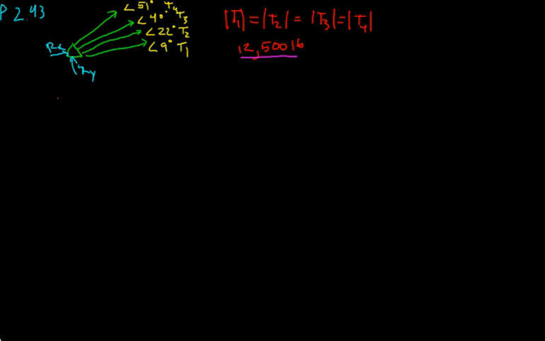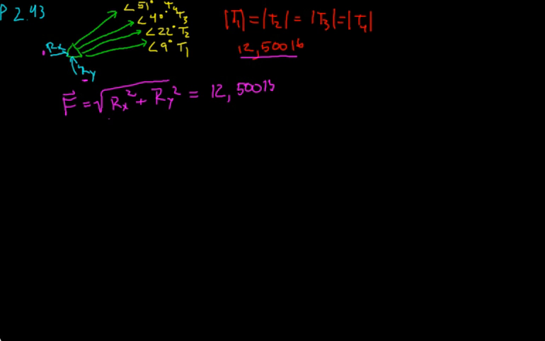So if you look back a little bit, you'll remember that the magnitude of a force is equal to the square root of its components squared. So the reaction forces are going to come from Rx and Ry. So we know that the square root of Rx squared plus Ry squared needs to be equal to 12,500 pounds.